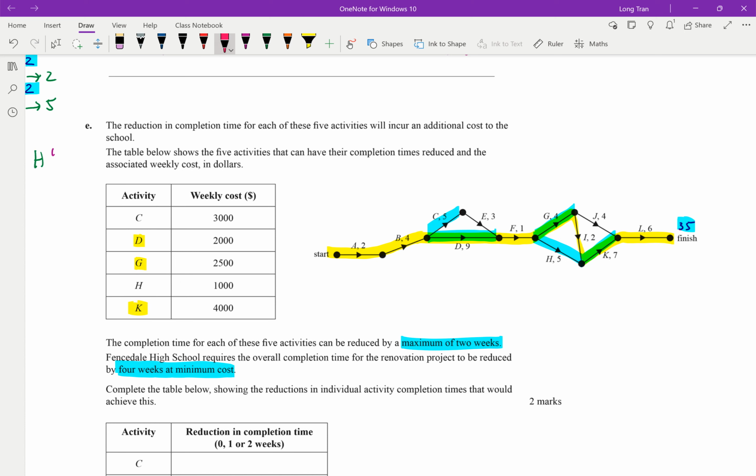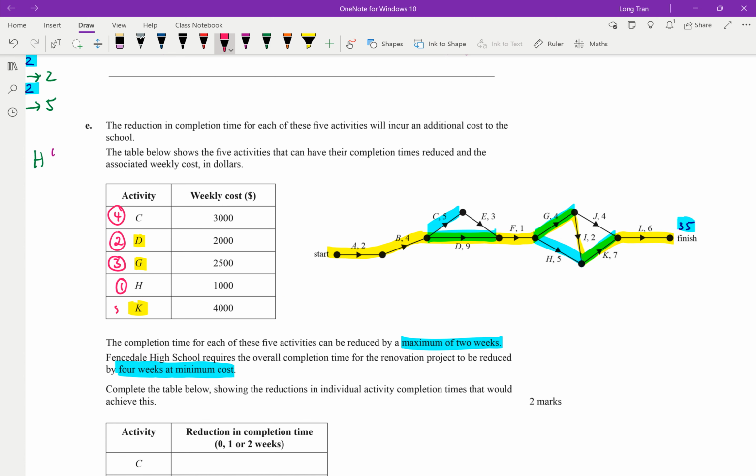But in terms of the best cost to reduce, clearly I would want to reduce more of H's because it's only $1,000. And then number 2, second best is then D. And then G is 3. That's the third best. And then C is fourth best. So ideally, I don't want to affect K too much, but it is on the critical path though.